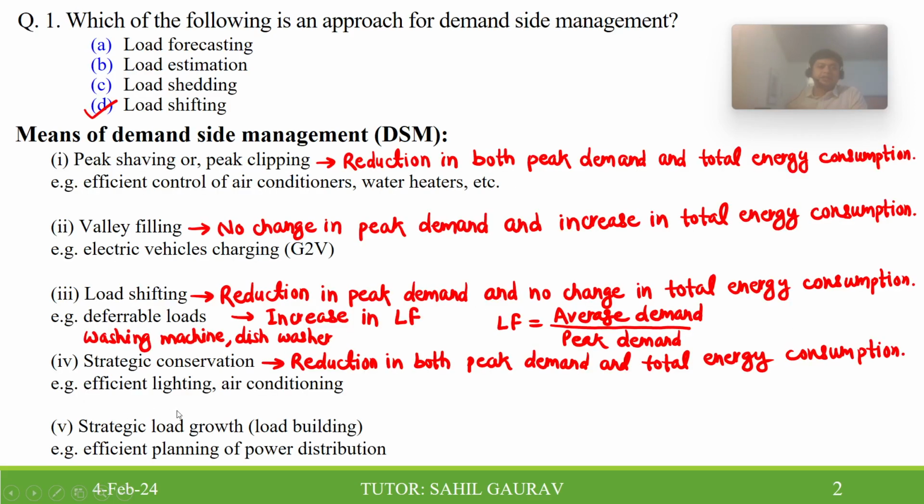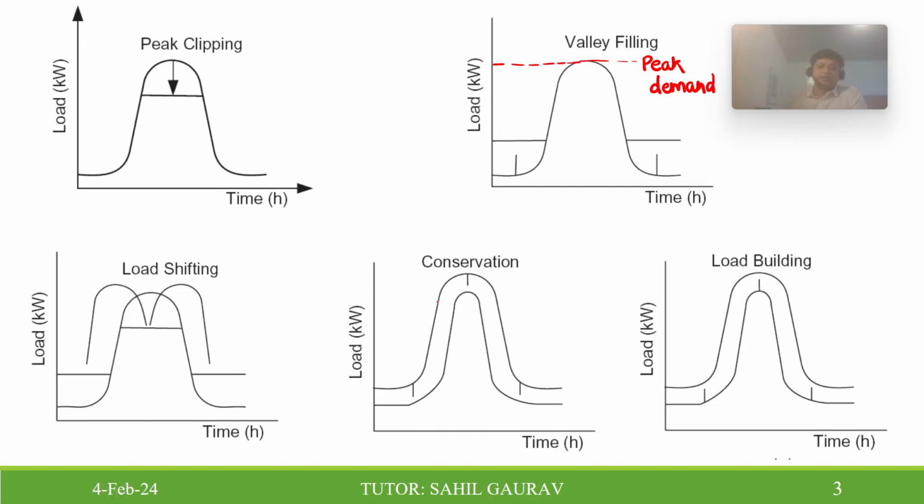And the examples for this are efficient lighting and air conditioning, which shift the whole load curve downwards. And just opposite to strategic conservation, there is strategic load growth. In this case, we are shifting the whole load curve upwards. In strategic conservation we are shifting downwards, and in that case, we are shifting upwards.